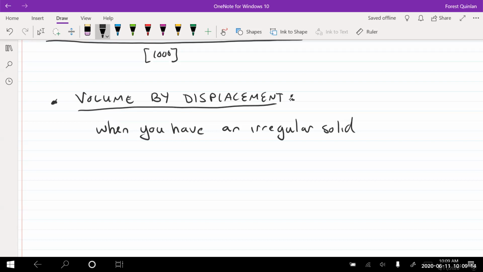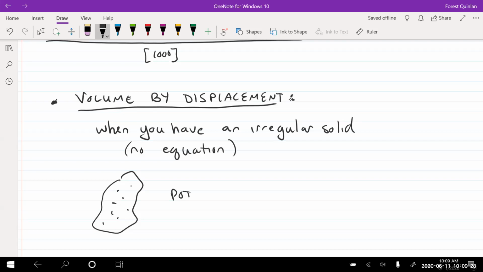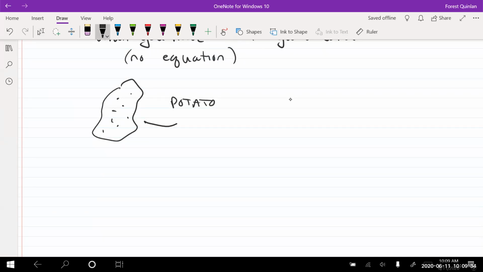What do I mean by that? No equation. And so here I have a potato. Now clearly, potatoes are not a defined shape.